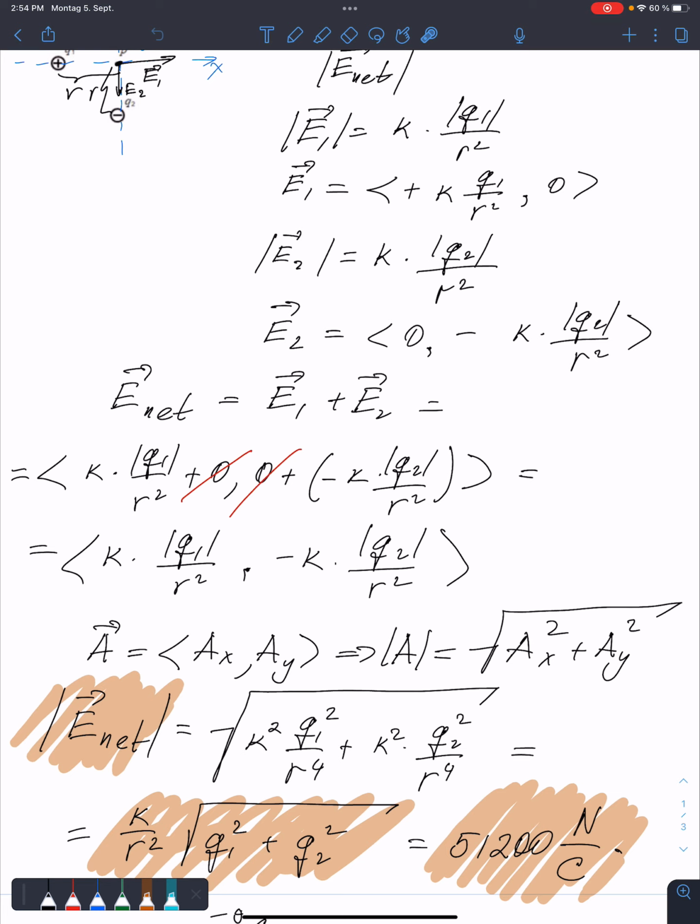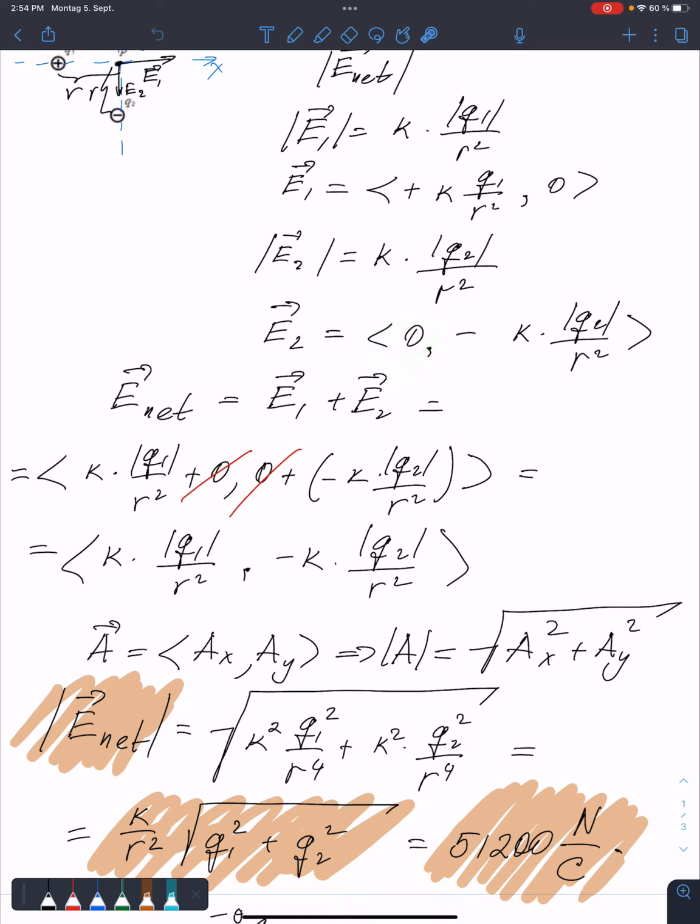What about the x component? It is k times q1 divided by r squared, written over here, plus 0, the x component of the vector E2.